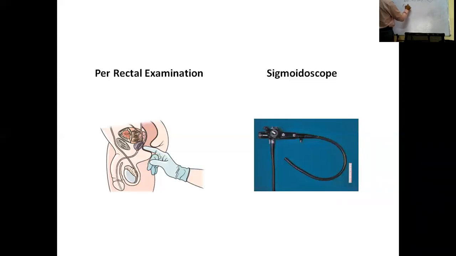Then this is the position which we mainly use for females, that is Sims position. So it is left lateral. Of course the right leg should be flexed, the left leg should be straight. So like this, like that.